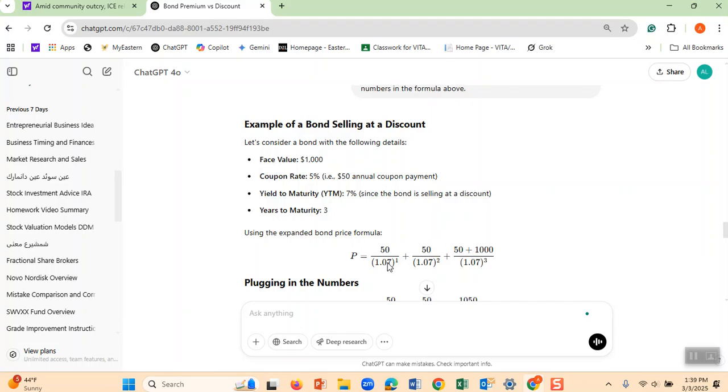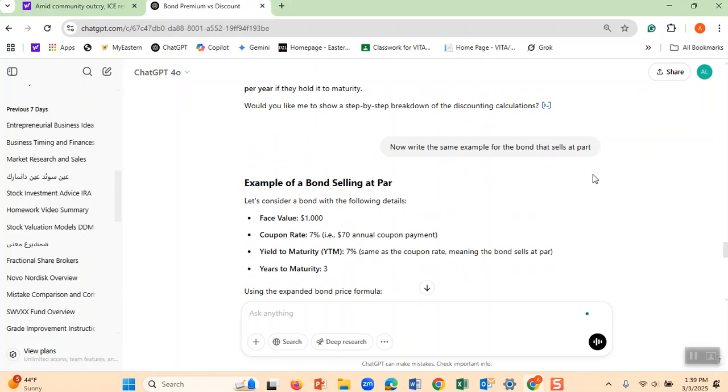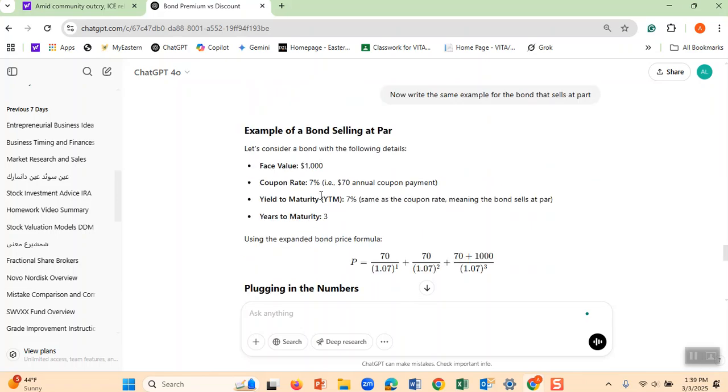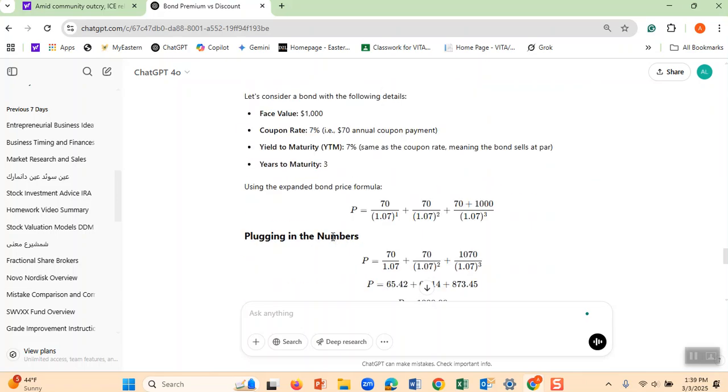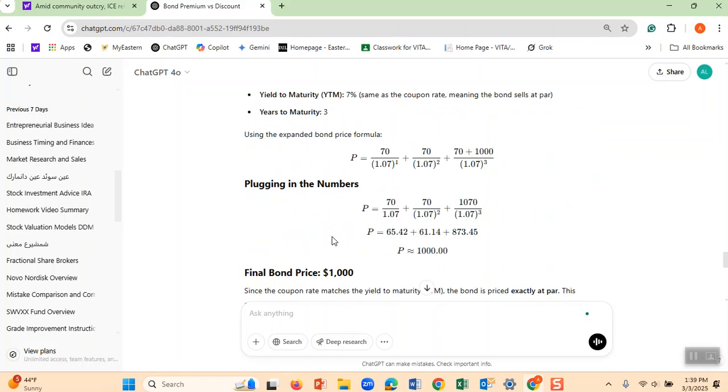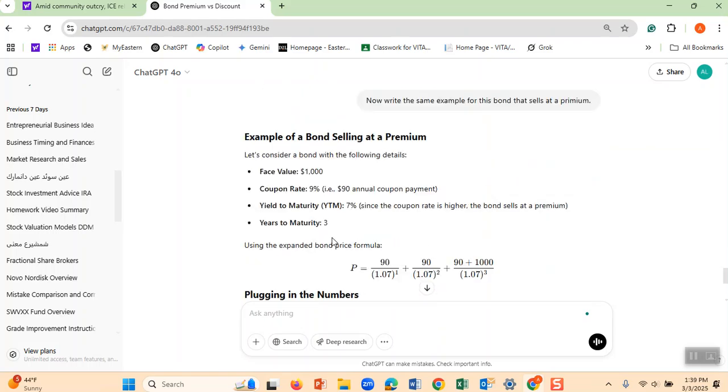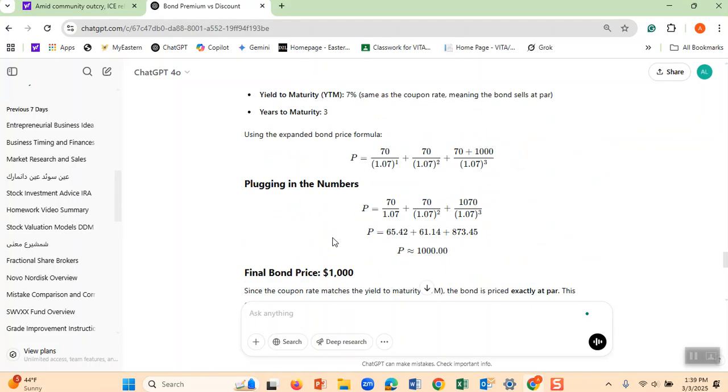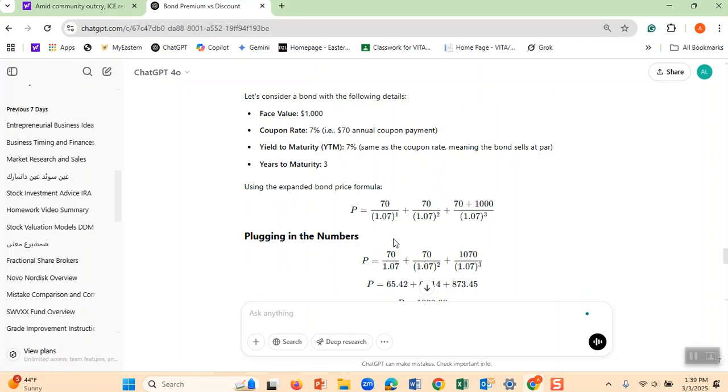Now, what will happen if the bank, instead of giving more than 5%, gives less than 5%, which means if the bank gives 3%, let me see if ChatGPT calculated. Yeah, this is how it is. But when it is at 3%, then the equation would look different.